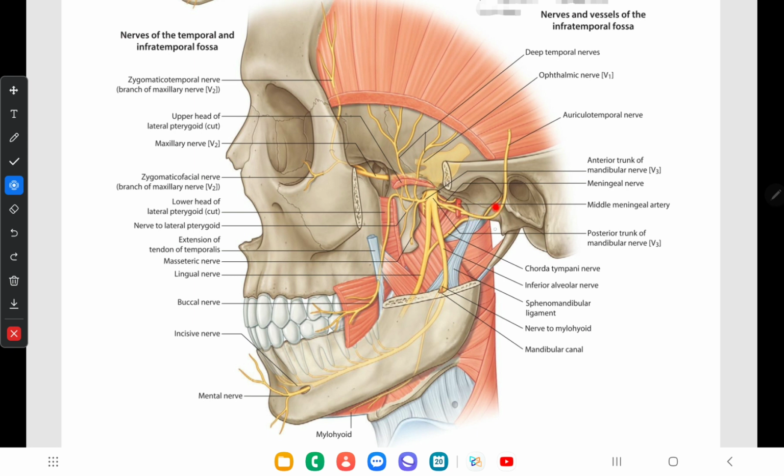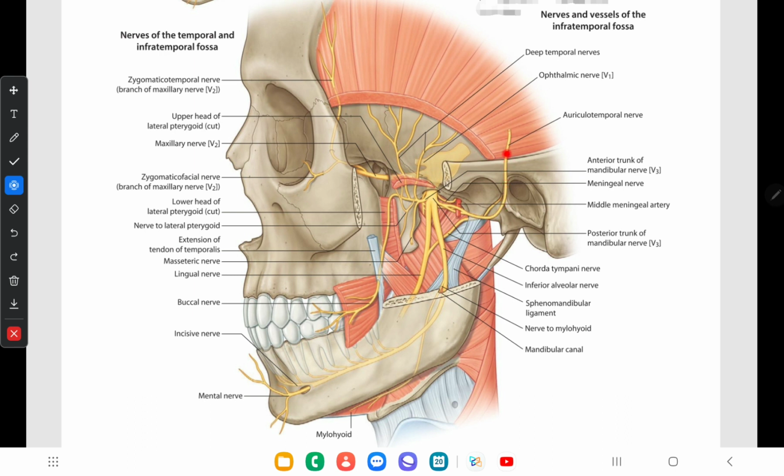Auriculotemporal nerve receives postganglionic parasympathetic fibers from the otic ganglion for secretomotor supply of the parotid gland. It leaves the fossa by passing posteriorly in relation to lateral aspect of the spine of the sphenoid bone. And it hooks around the back of the neck of the mandible and enters the parotid gland to supply secretomotor fibers.